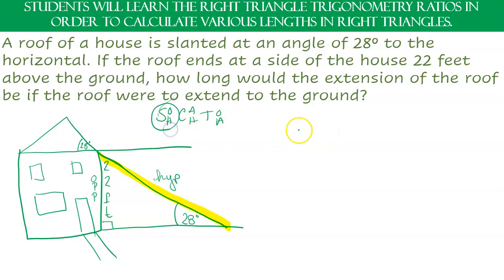Since we are looking for the hypotenuse, we know the opposite. It's going to be the sine of 28 equals 22 divided by h. So just like before, we multiply both sides by h, and then we divide by the sine of 28.